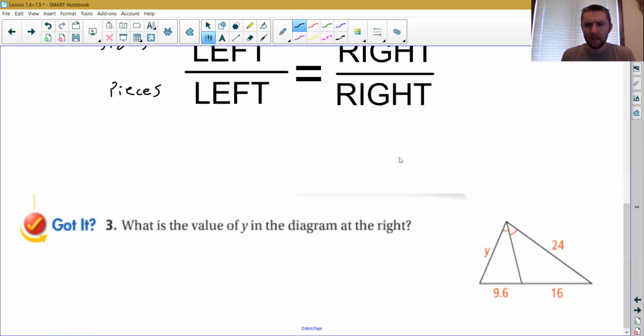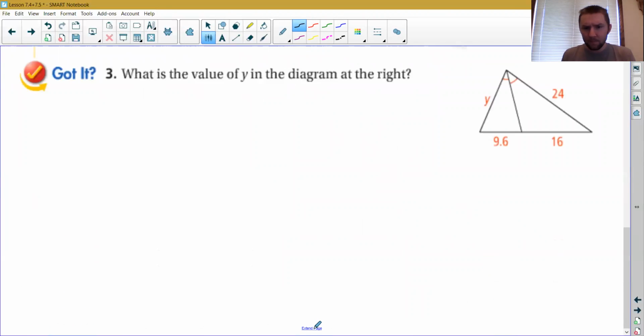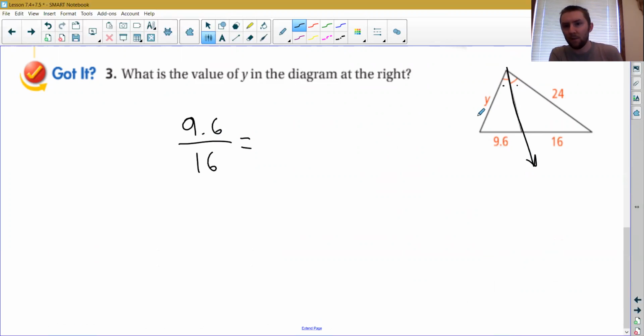So if we look at an example of this, I have this triangle here, and I notice that this line cuts this top angle into two equal pieces, so that is an angle bisector. So I know that that cuts this bottom side into two pieces that make the same ratio as the other two sides of the triangle.